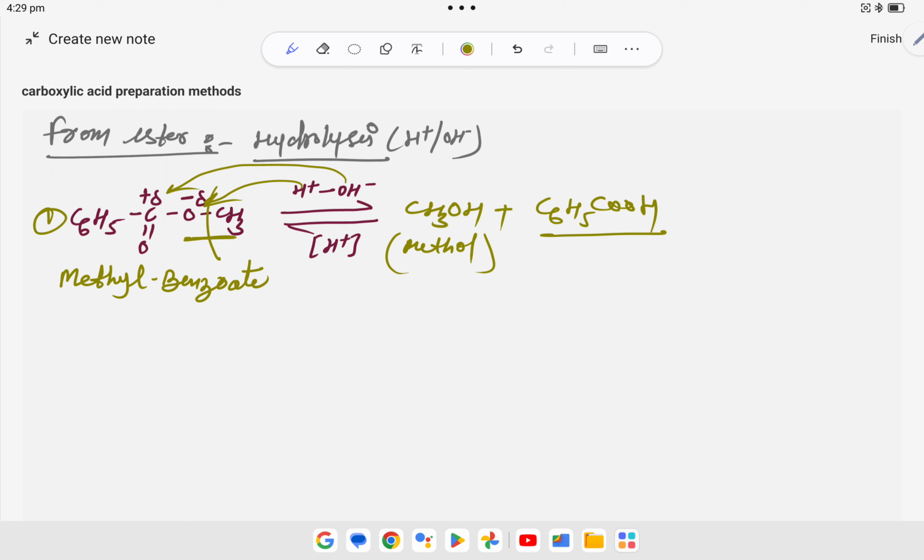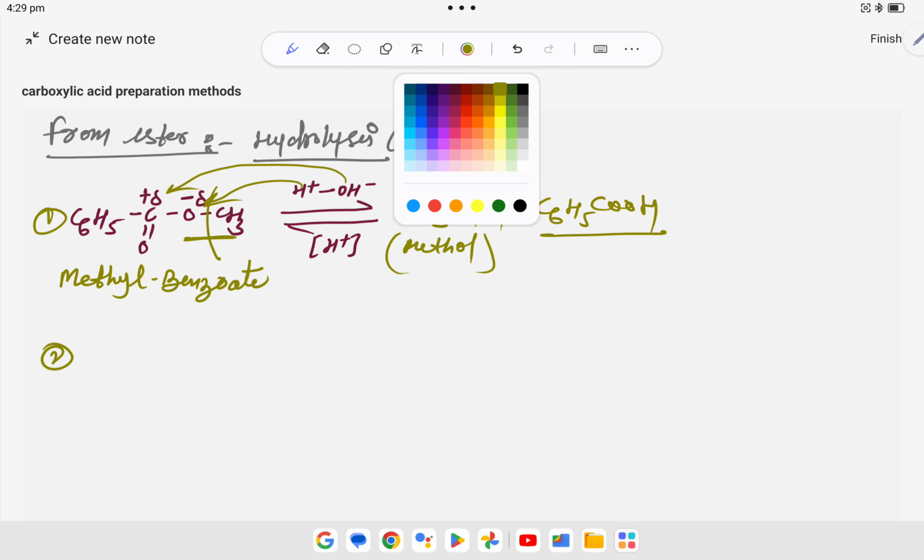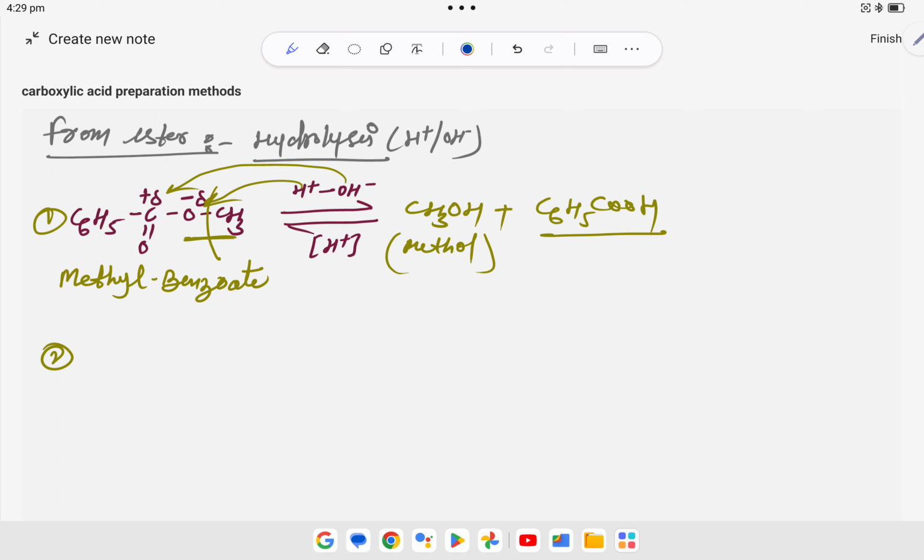One more example, CH3 C double bond O, O, C2, wait, take another one, CH3 CH2 C double bond O, O, C2H5.